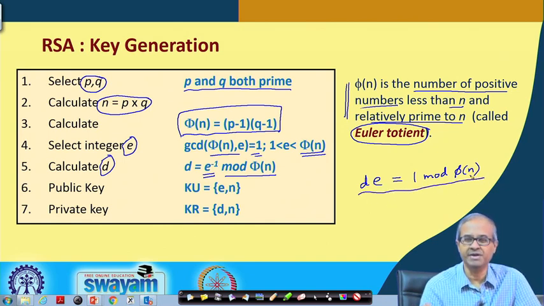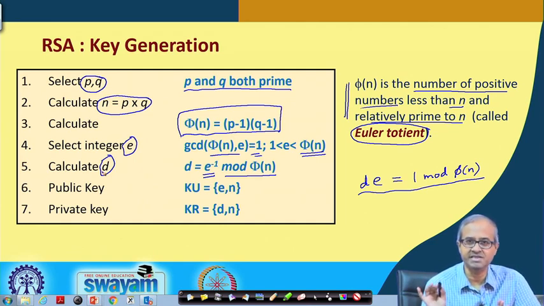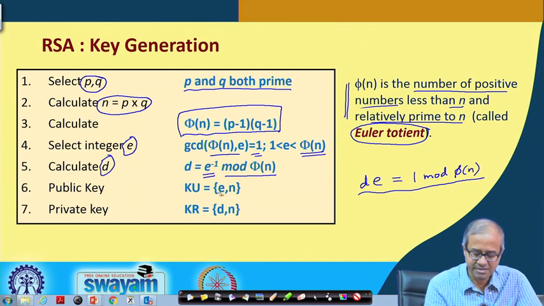I am not going into the details of the number theoretic proofs and derivations, but there are ways to do this. You can find d. Now, once you have done this, your key generation is over. So, {e, n} is one of the keys and {d, n} is the other key.